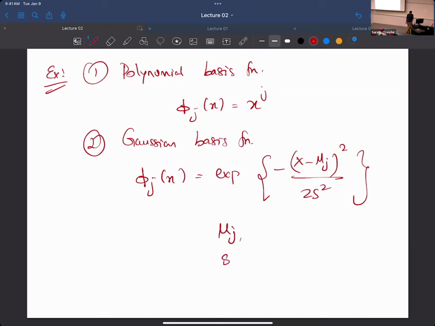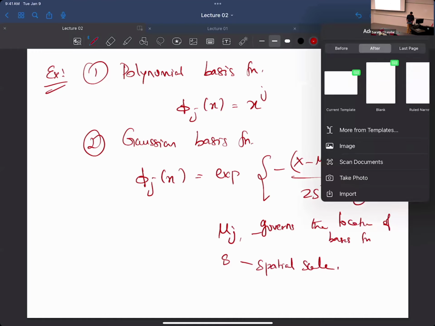You will pick a bunch of mu j and s. mu j basically governs the location of the basis function, and s is basically the spatial scale. It looks like a Gaussian, but it's not exactly a Gaussian. That's why it's called the Gaussian basis function. Now you can also have the sigmoidal basis function.